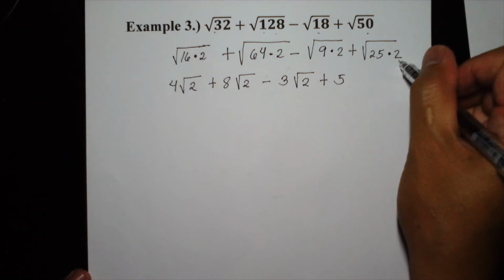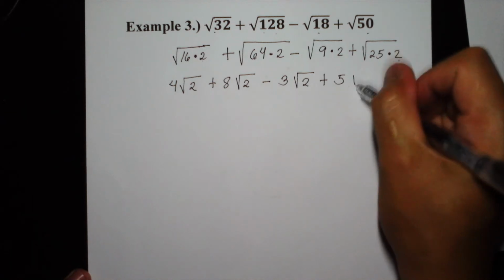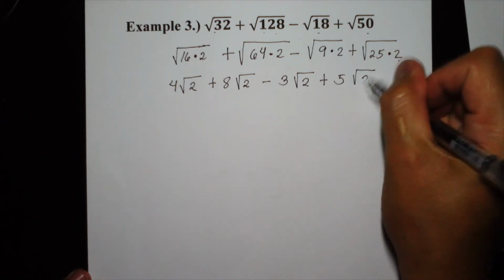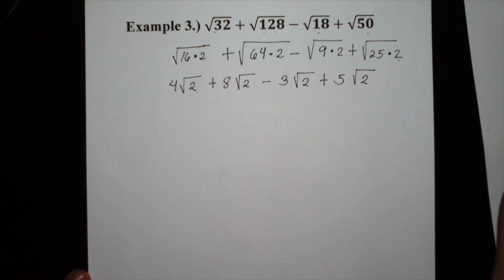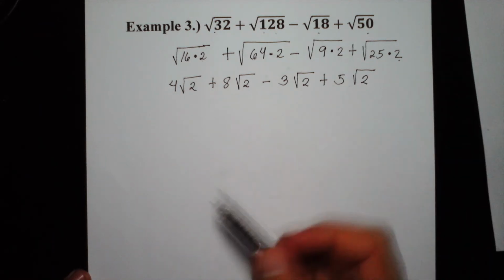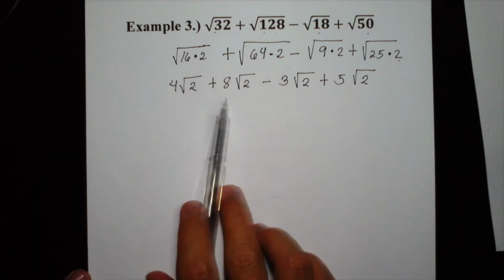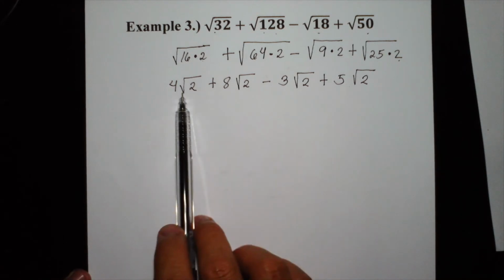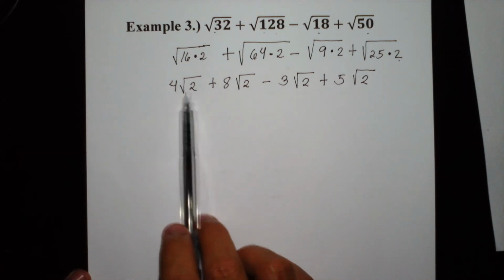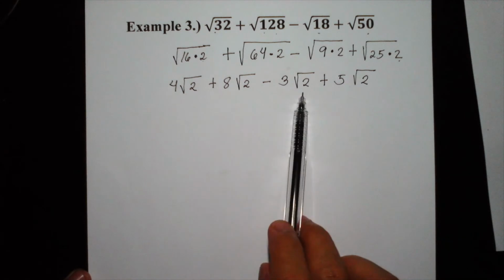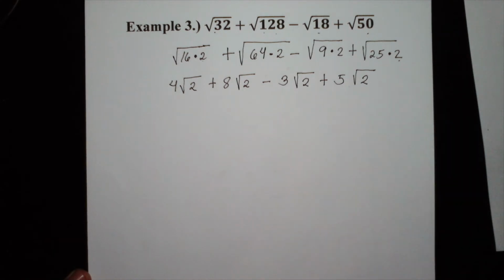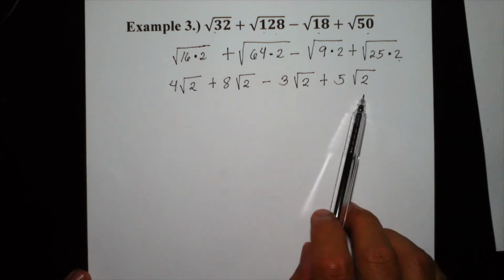Square root of 2 is not a perfect square, it still remains inside of the radical. Then, okay, as you can see now, they are similar in radicand. So we have square root of 2, square root of 2, square root of 2. Then we can now perform addition and subtraction within the expression.